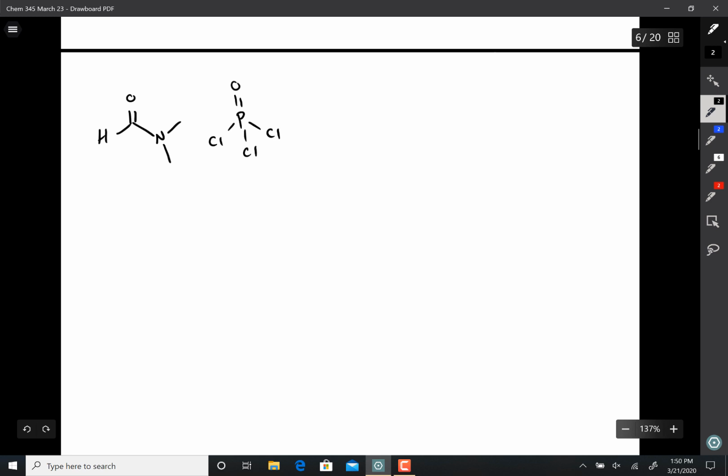Phosphorus oxytrichloride, POCl3, is a Lewis acid. That Lewis acid reacts with the carbonyl and kicks the chloride off.